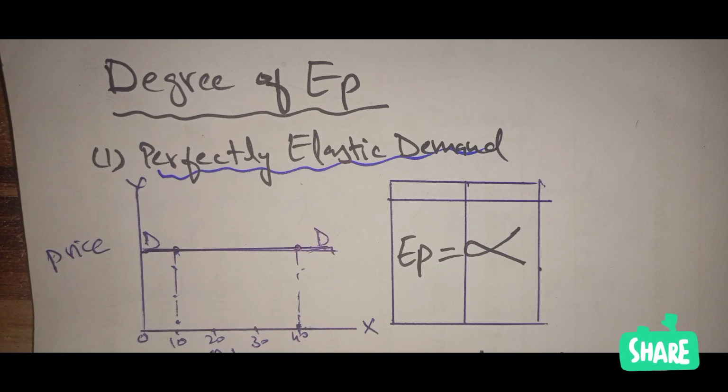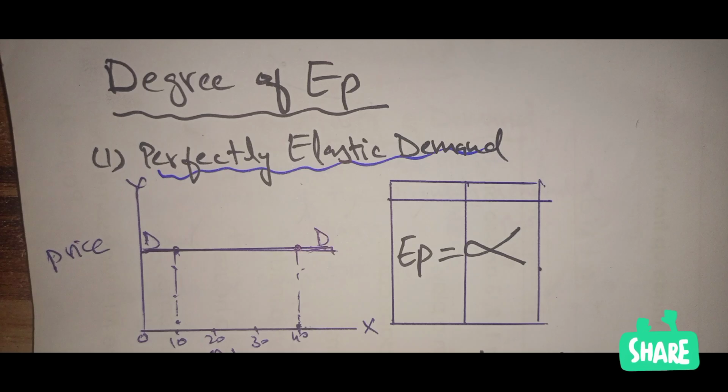Now, degrees of price elasticity of demand. We have stated that demand for a product is sensitive or responsive to price changes. The variation in demand is, however, not uniform with a change in price.